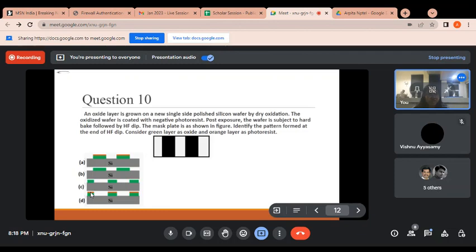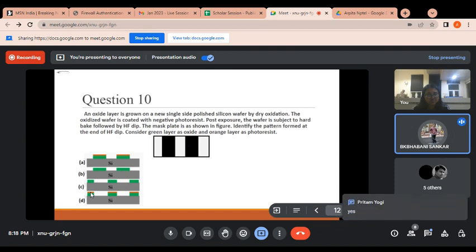Option D is the right option. Now all of you understand why option D is the right answer? Shankar, if any doubt, please tell. No, ma'am. Clear? Yes, ma'am.